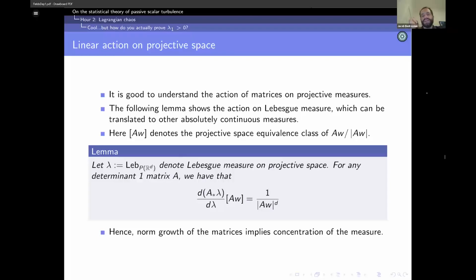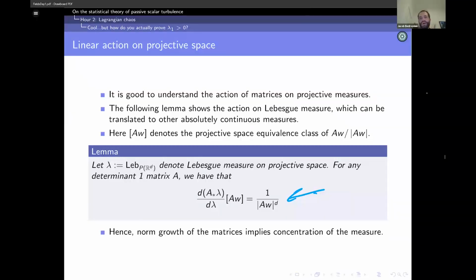The first one is a really important formula, which says that if you take Lebesgue measure on projective space, so just the constant measure, and you push it forward by any determinant one matrix, then you get a new measure on projective space. It's absolutely continuous with respect to Lebesgue measure, but its density has to do with the size of the matrix. So if the matrix norm is large, you're going to get concentration of the measure.